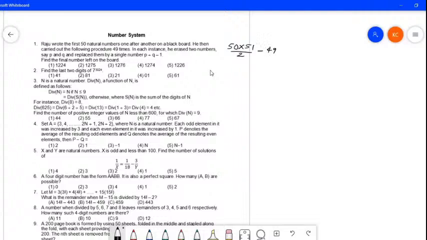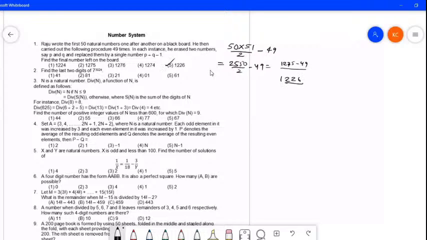So we'll get how much? 1225 minus 49, that should be the answer, which is, wait a second, 1226. Yeah, so it looks like this is the answer, option 5.